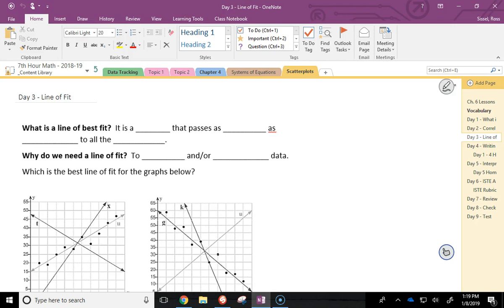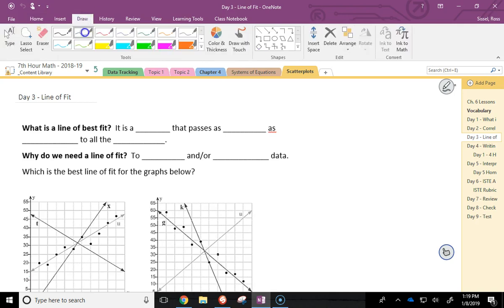What is a line of best fit? We are going to say it is a line that passes as closely as possible to all the points.